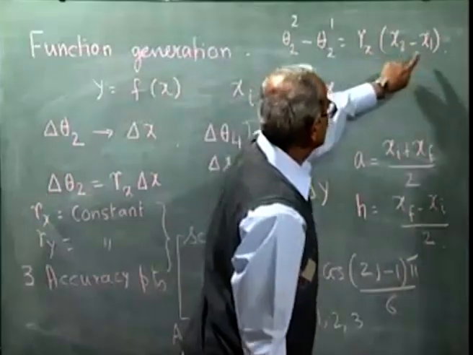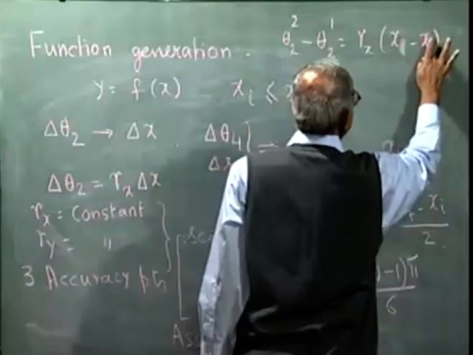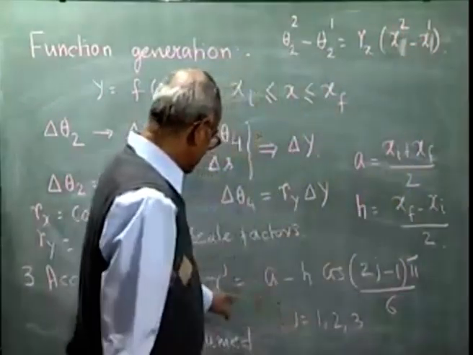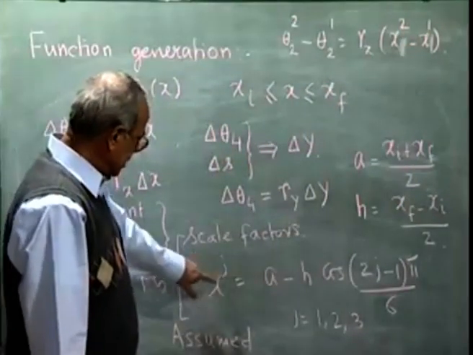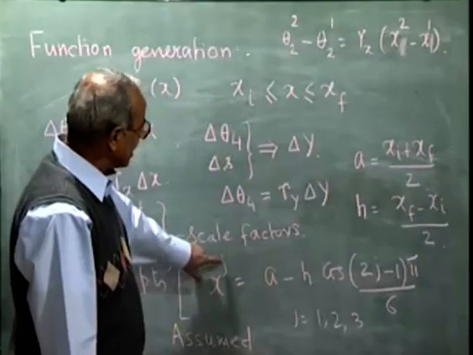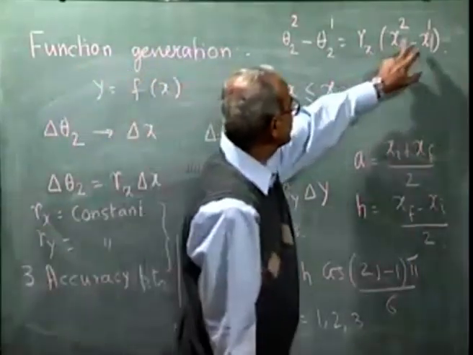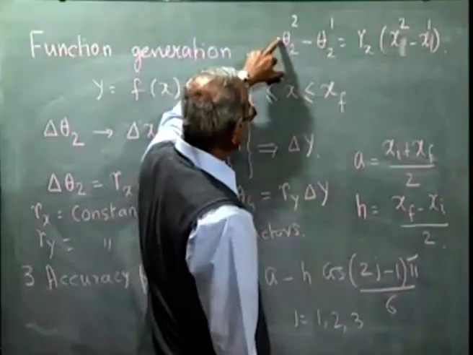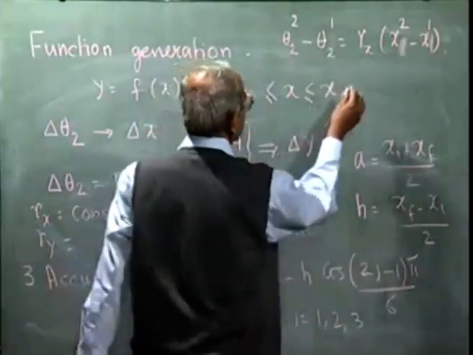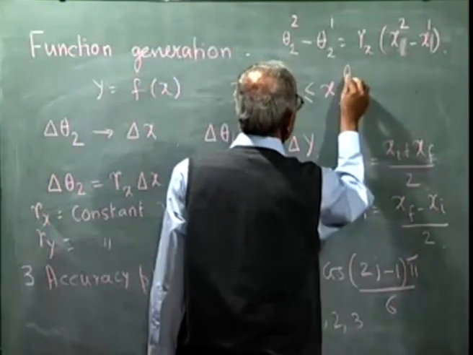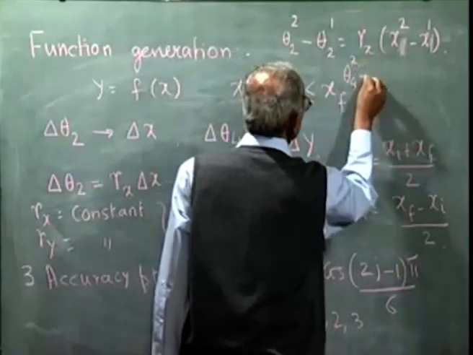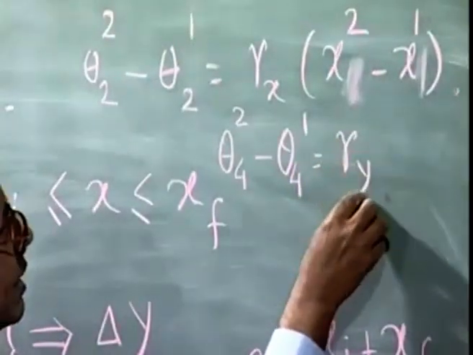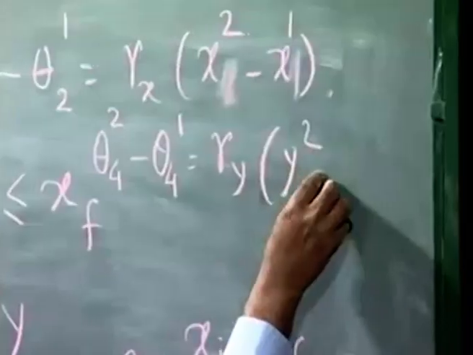I have already got x1, x2. The second accuracy point is x2, j equal to 2, and the first accuracy point, j equal to 1, is x1. So x2 and x1 are known. Rx we have assumed, theta 2 1 we have assumed, so I can get theta 2 2. Similarly, for theta 4, I write theta 4 2 minus theta 4 1 is Ry into y2 minus y1.